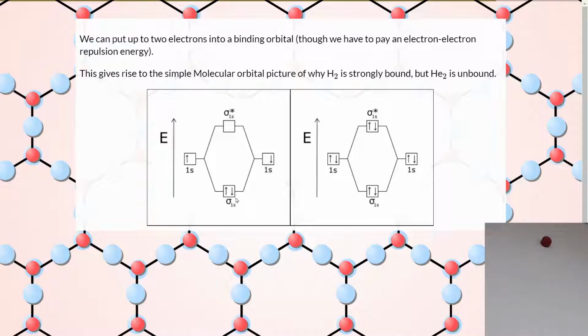If instead of hydrogens we had helium atoms, then two electrons on each of the atoms. So we now have four electrons to accommodate, so you have to not only fill this state, but we've got to fill this state as well.